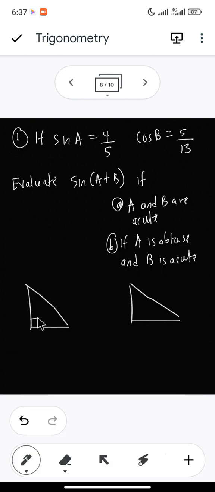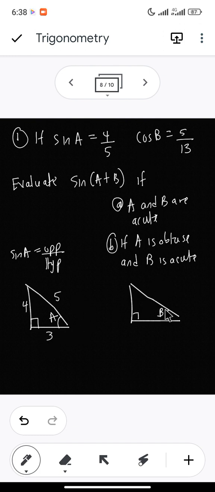Now this first right angle triangle has a reference angle of A. The second one has a reference angle of B. So for the first one, sine A gives you opposite over hypotenuse, right? That means your opposite is going to be your 4, your hypotenuse is 5. So according to our Pythagoras triple, we have 3, 4, and 5. So automatically this becomes 3.